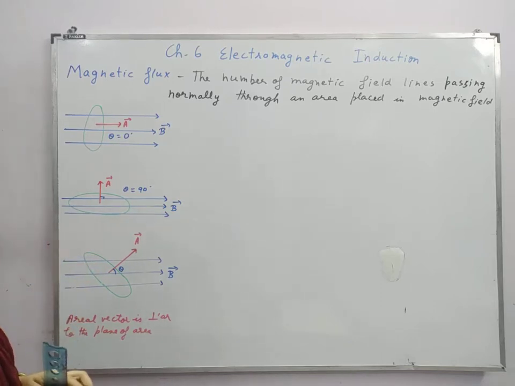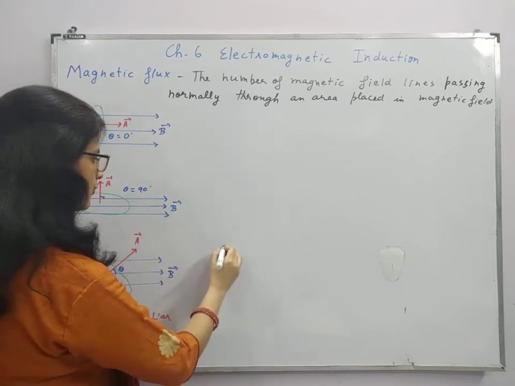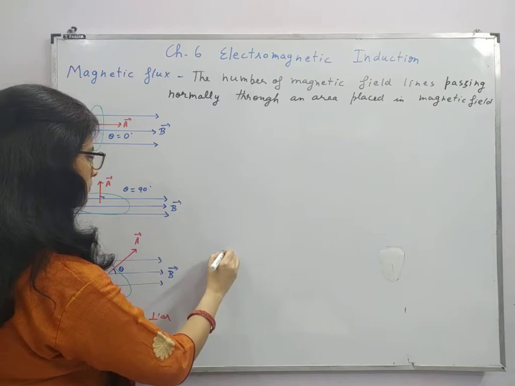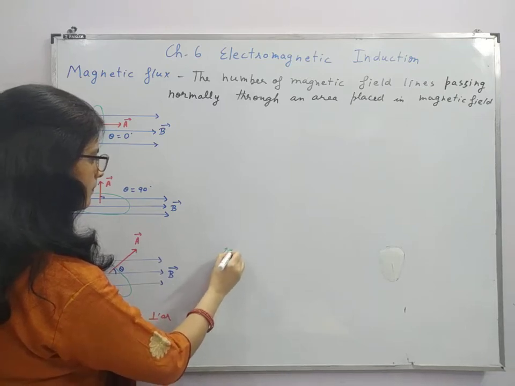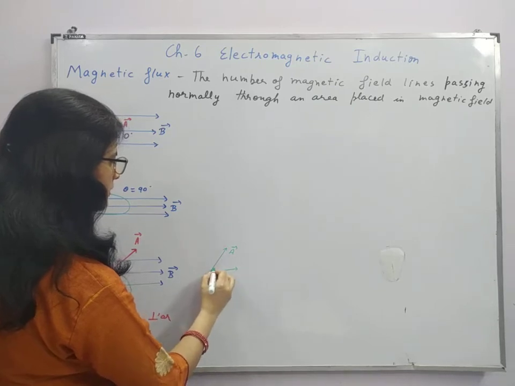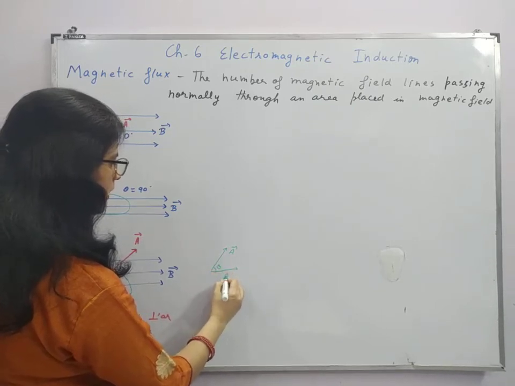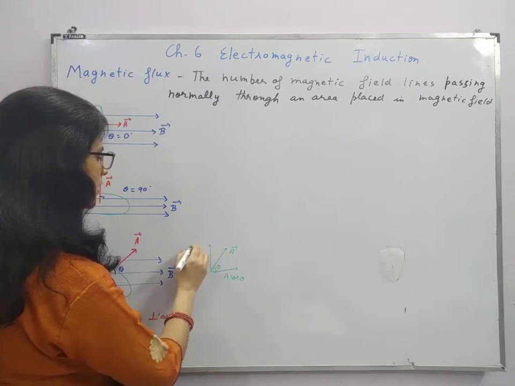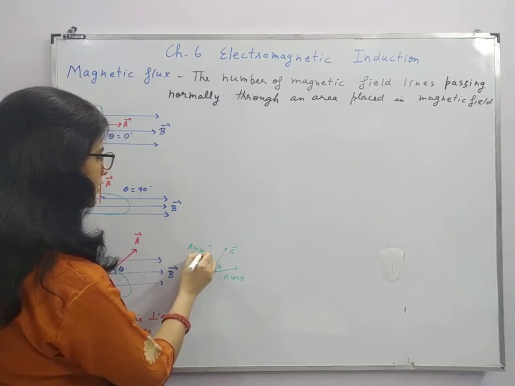I'm just drawing this perpendicular component to show over here. If this is your area vector, it will have this component A cos theta and this component A sin theta.